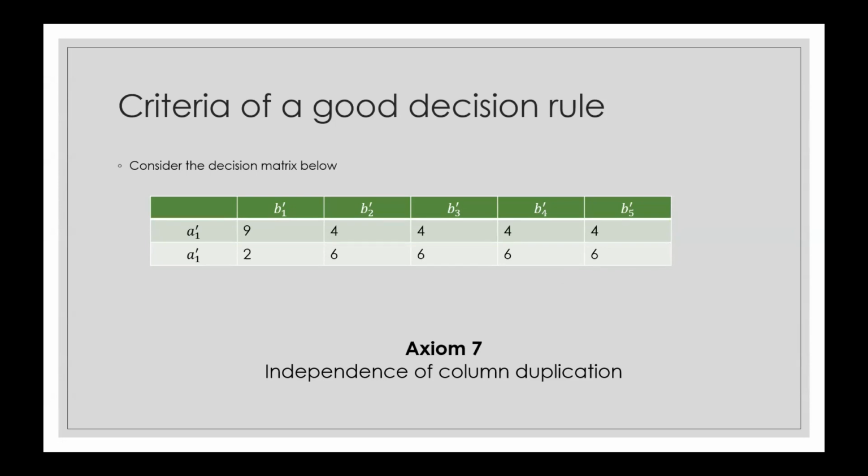Action A prime sub 1, sir, because even if I repeat this column up to 100, it doesn't matter, because I can just combine them into just one state of nature.